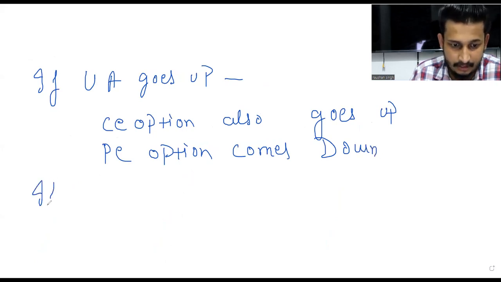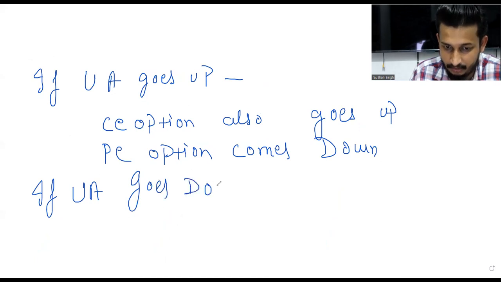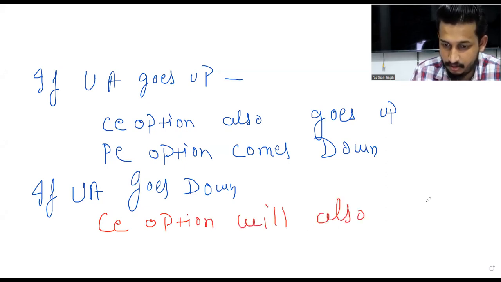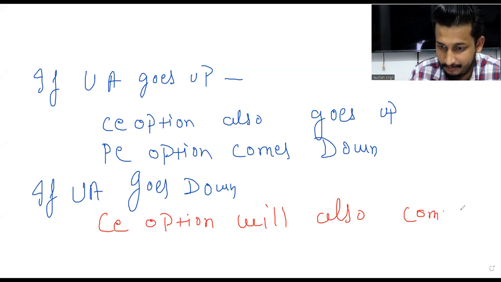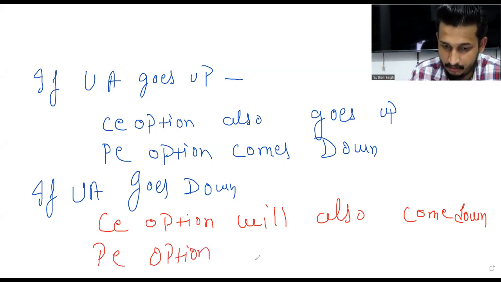Which means if the underlying asset goes down, the call option will also come downside and the put option will go up.